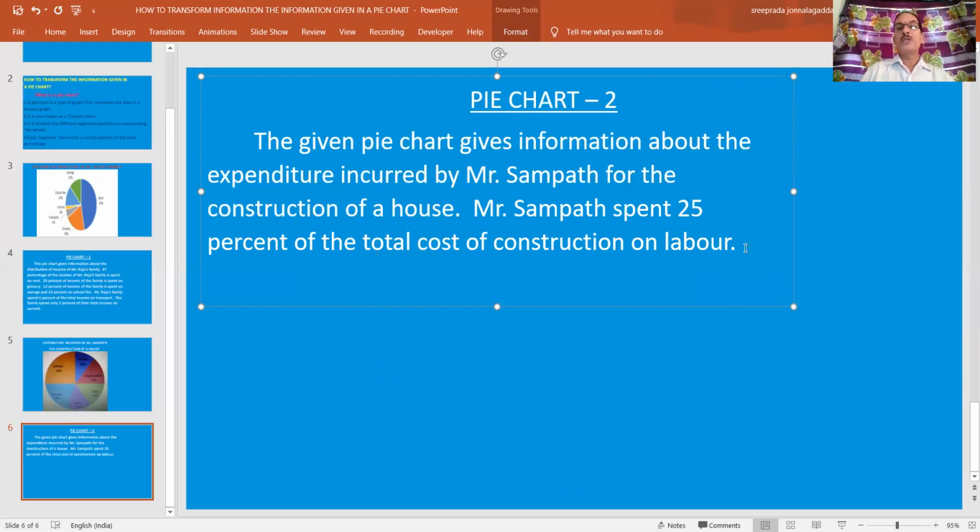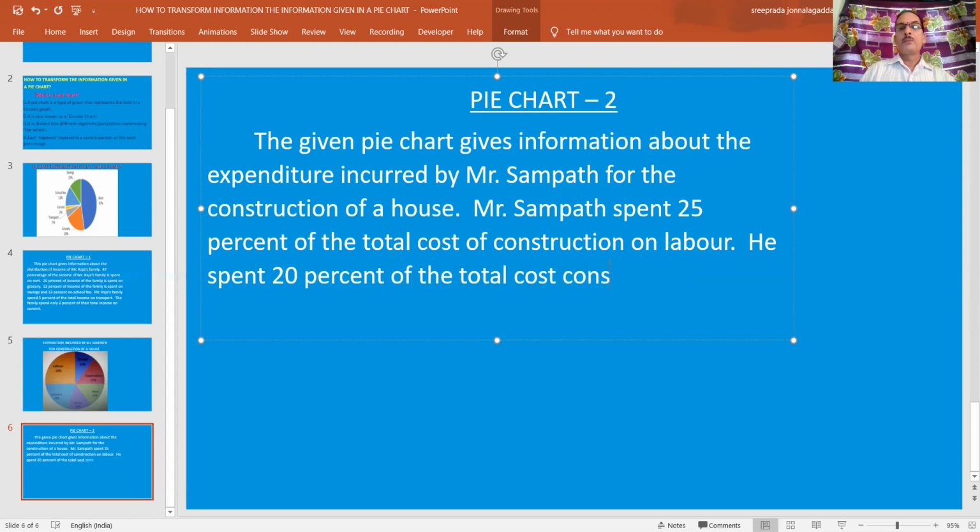So we have already mentioned Mr. Sampath. No need to write it again. He spent 20% of the total cost of construction on what?